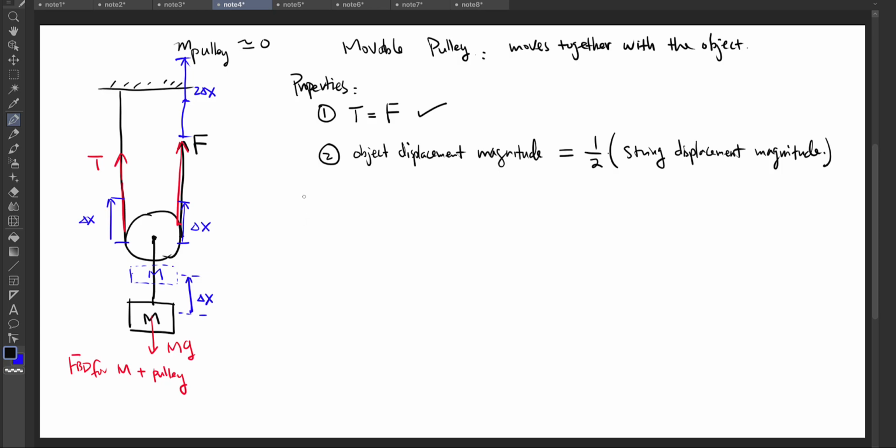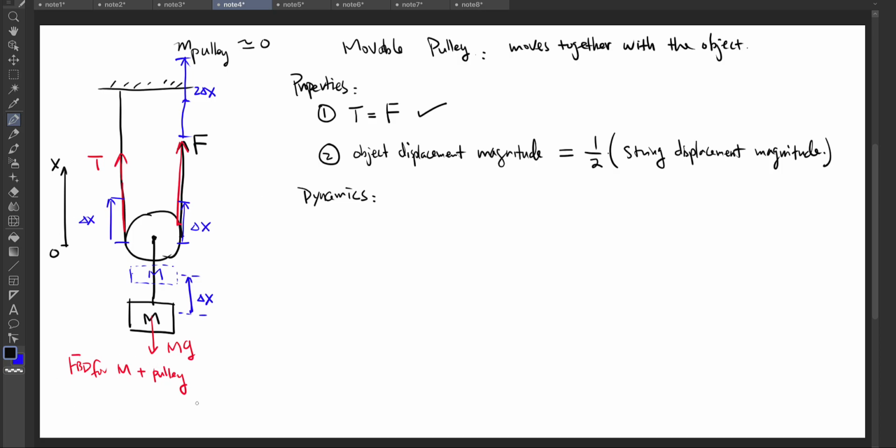Now let's also finish the dynamics from the free body diagram. Let's say upward is the positive x-axis.